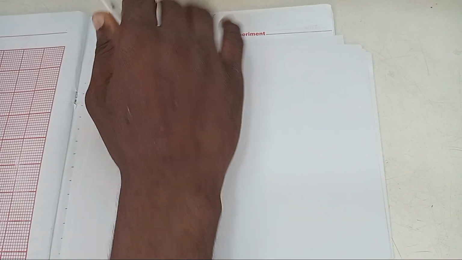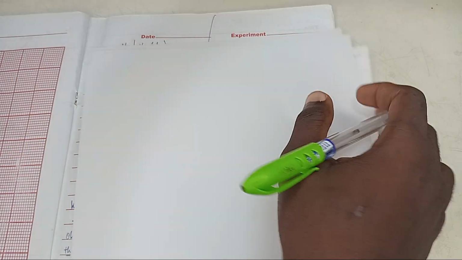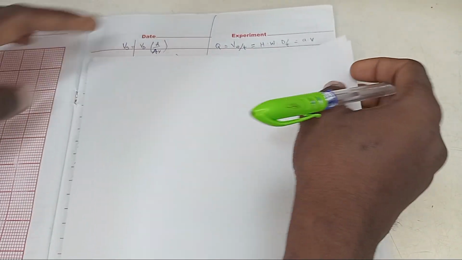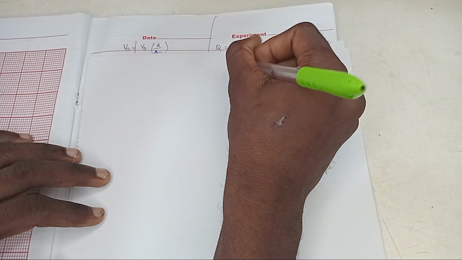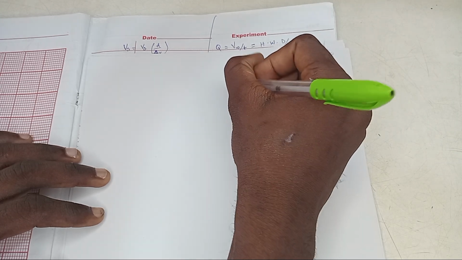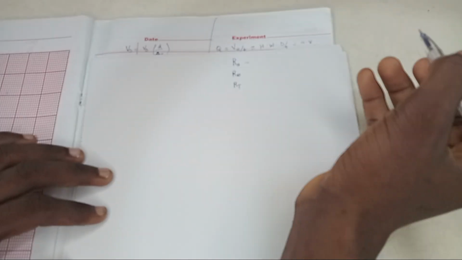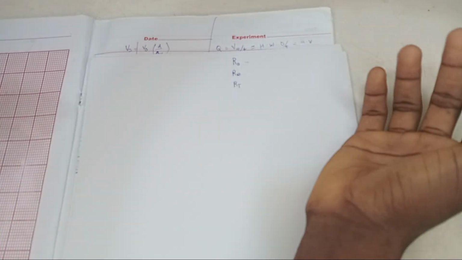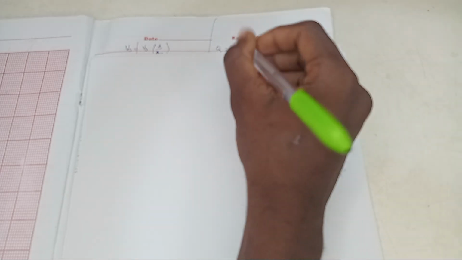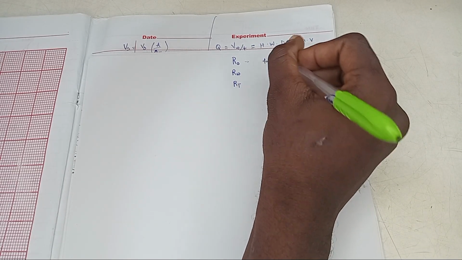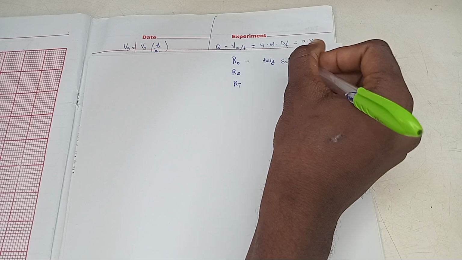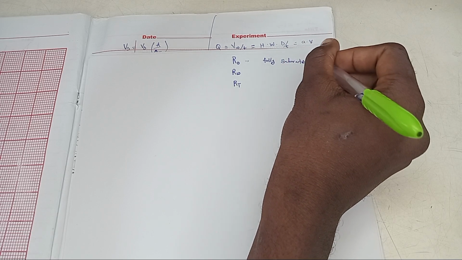There is some resistivity that we find in our work. We have R naught, RW, and RT. R naught is the resistivity of the formation that is fully saturated with water.